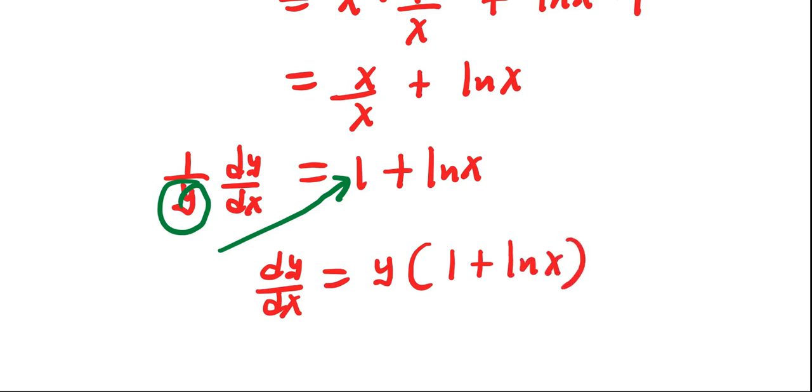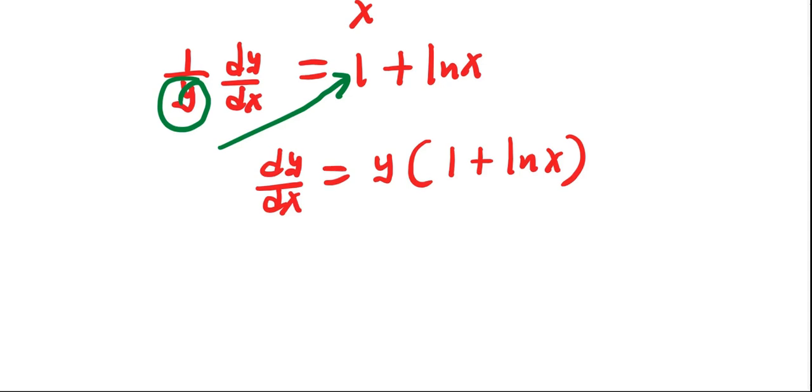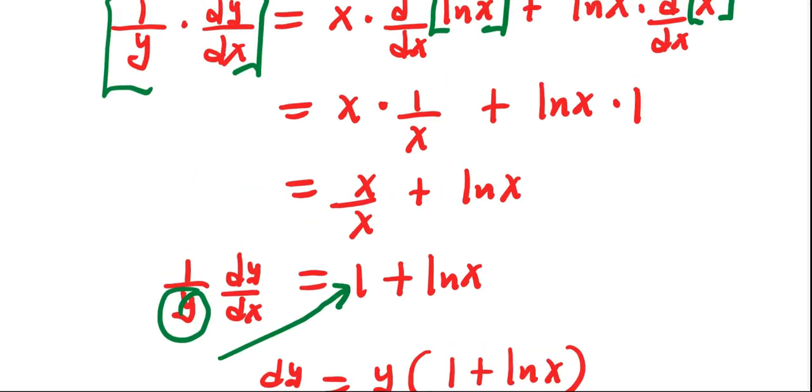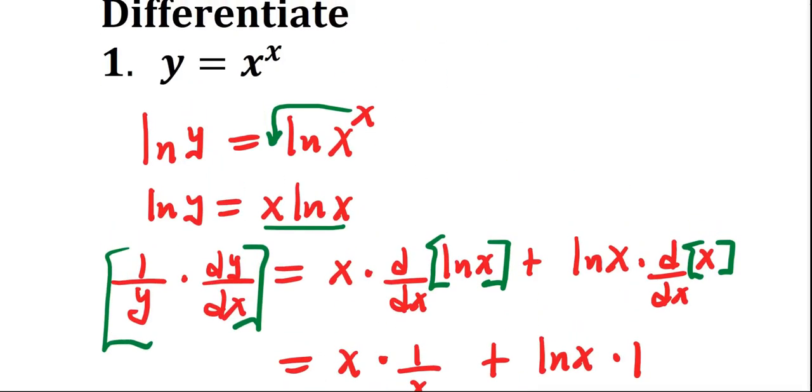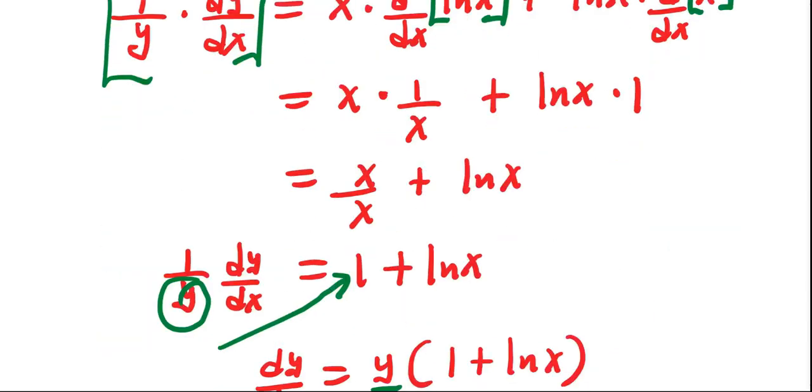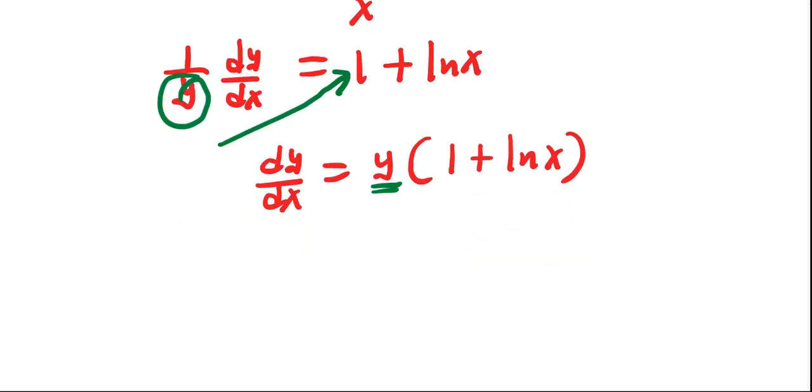So remember that at the beginning we said y is equal to x to the power of x. So let's take the value of y, which is x to the power of x, and just substitute it here.